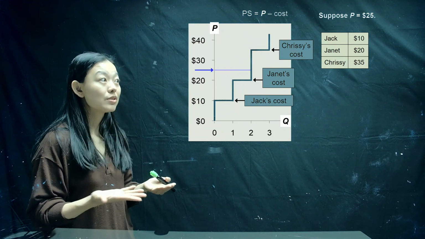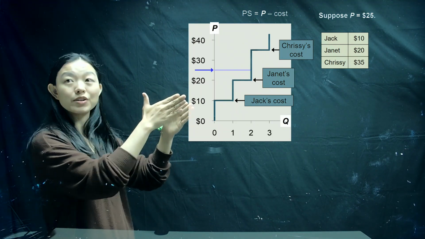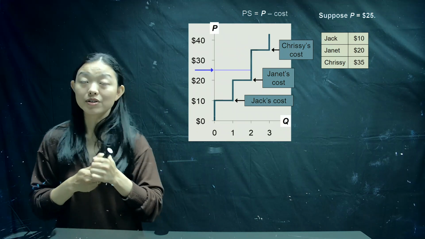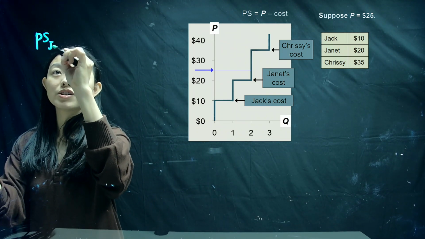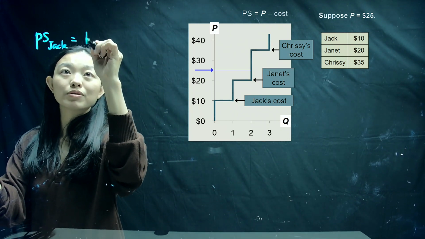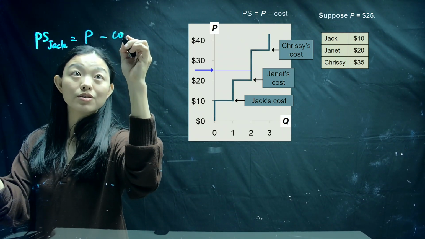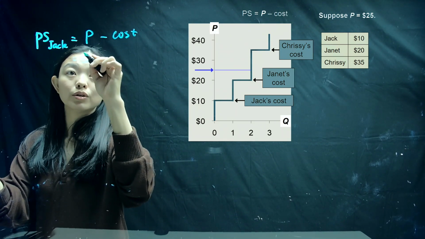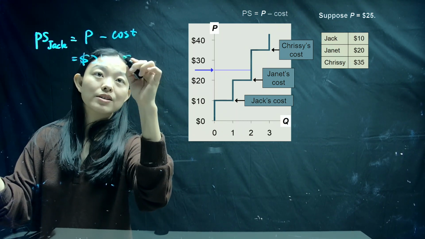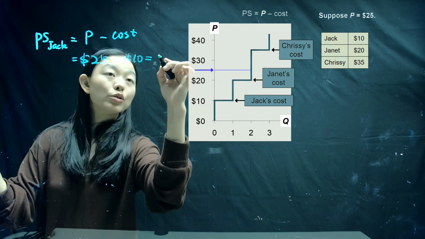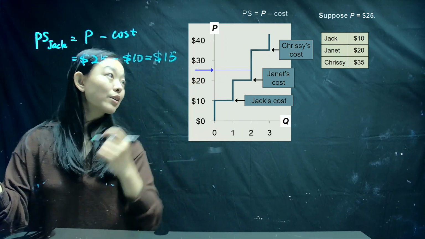So two persons at this market price can offer the lawn cutting service. So we can get the producer surplus for Jack will equal the current price minus the cost, which will equal $25 minus $10, which will equal $15, right?